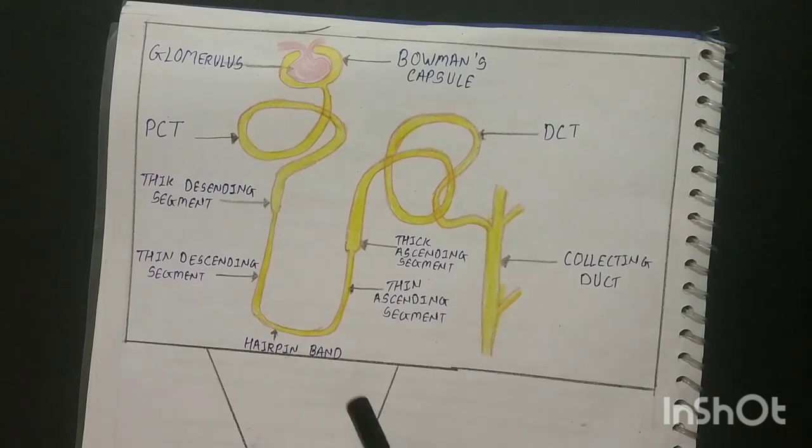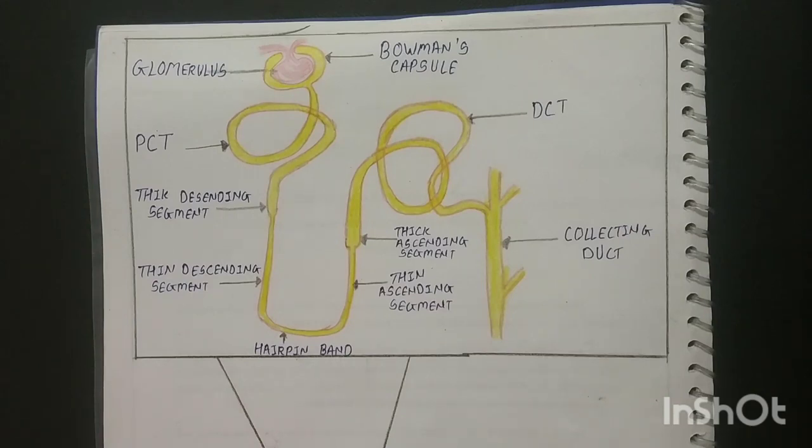So let's talk about the normal structure of the nephron, which is very important, because when you study urine formation and the concentration of urine, all these parts contribute to it. For study purposes, nephrons are divided into two parts. The first is the renal corpuscle, and the second is the tubular portion of the nephron.